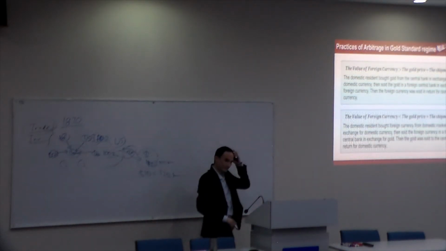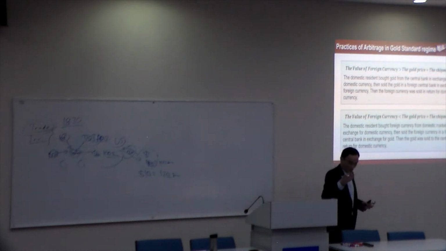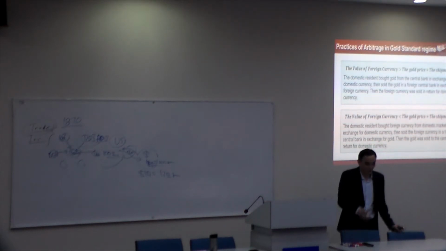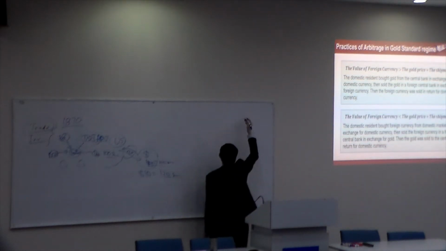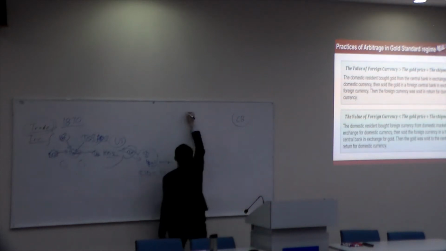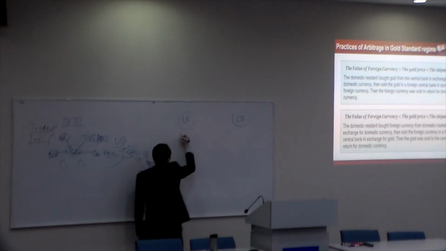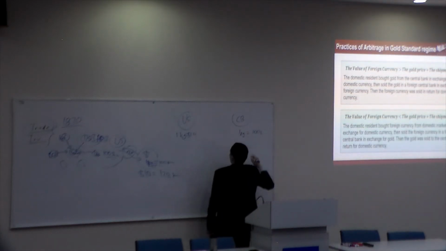But it was allowing the practice of arbitrage. So what happened? For example, let's suppose the central bank in Uzbekistan and the Federal Reserve of the U.S., where in the United States 1 kilogram of gold is $10, and in Uzbekistan 1 kilogram of gold is 100 soon.